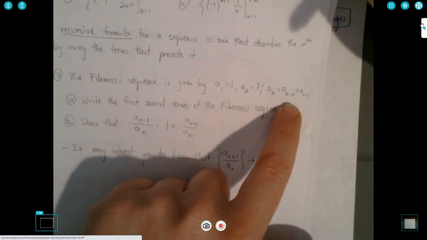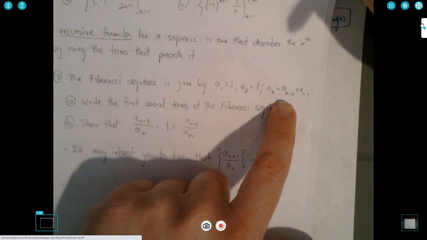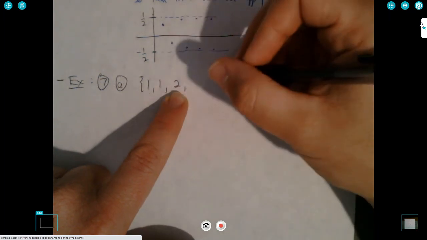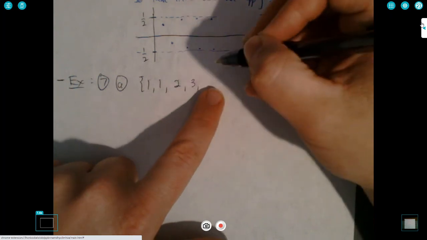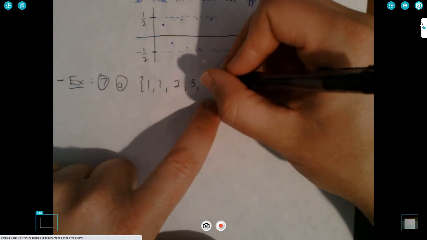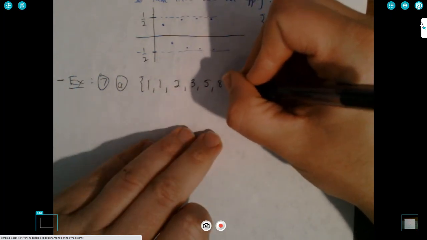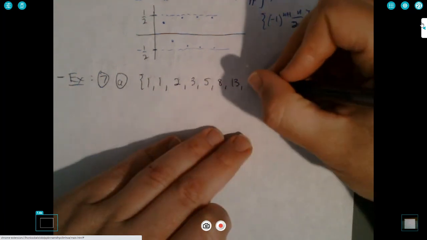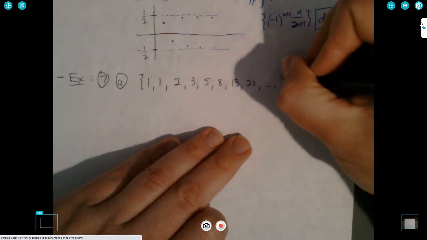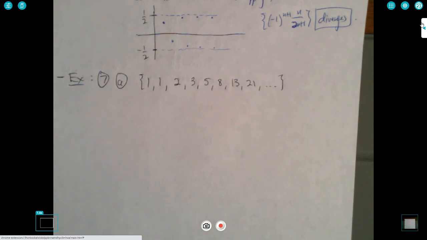I mean, a_n is a_(n-2) plus a_(n-1). So if I want the third term, I add this plus this and get 2. The fourth term, I add this plus this and get 3. The fifth term, I get 5. And then I get 8, then 13, and then 21. So that's the Fibonacci sequence.